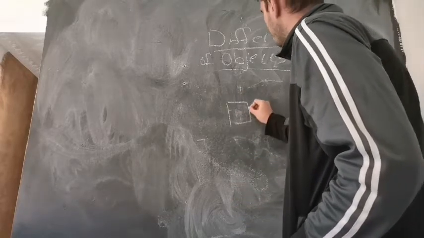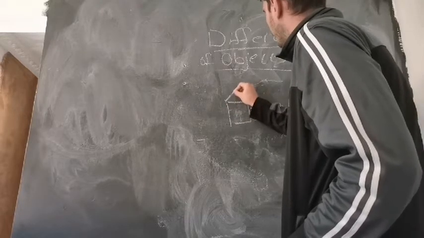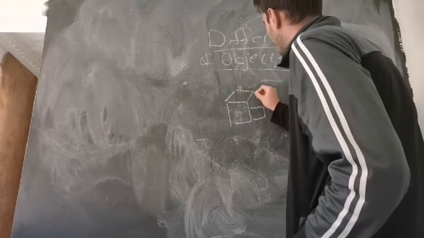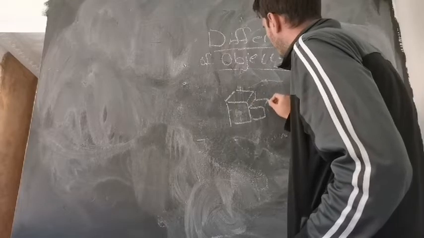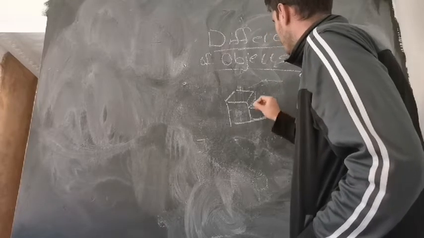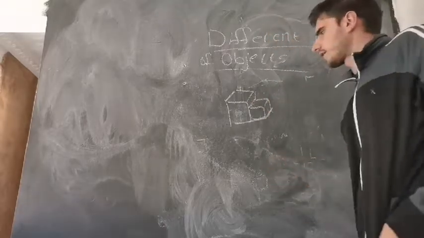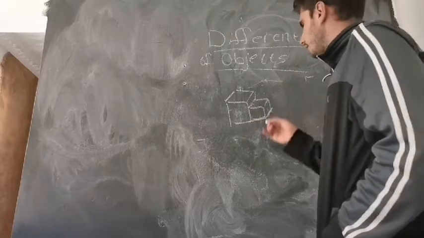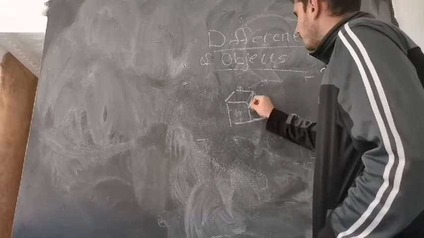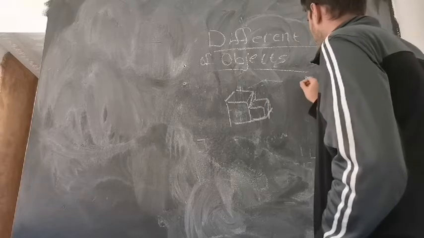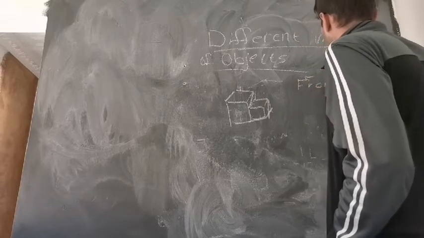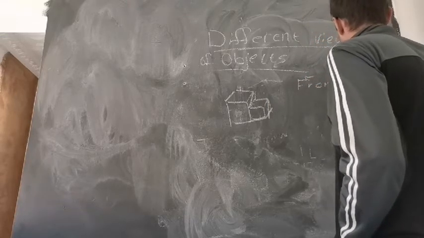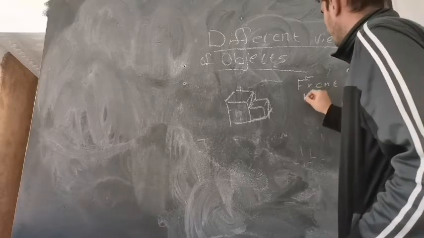Let's say we've got the following object. Okay guys, you don't have to worry about drawing 3D objects now. Now we're going to look at this one. From the front we would see this and this. So a front view, again, would look as follows.